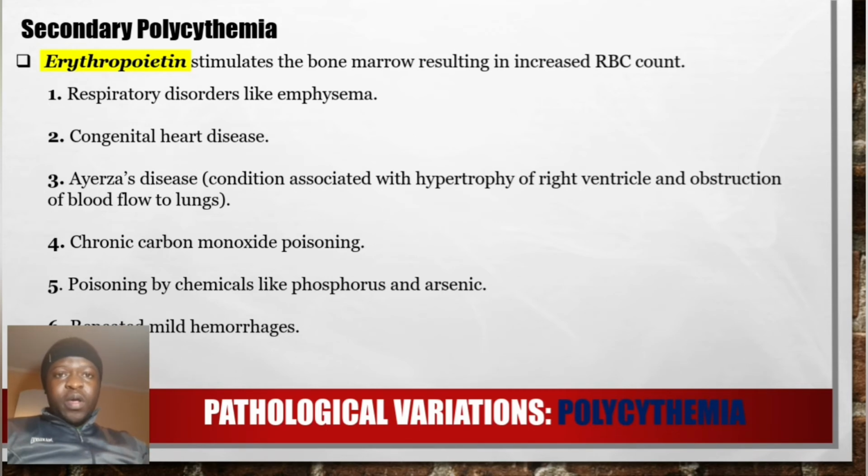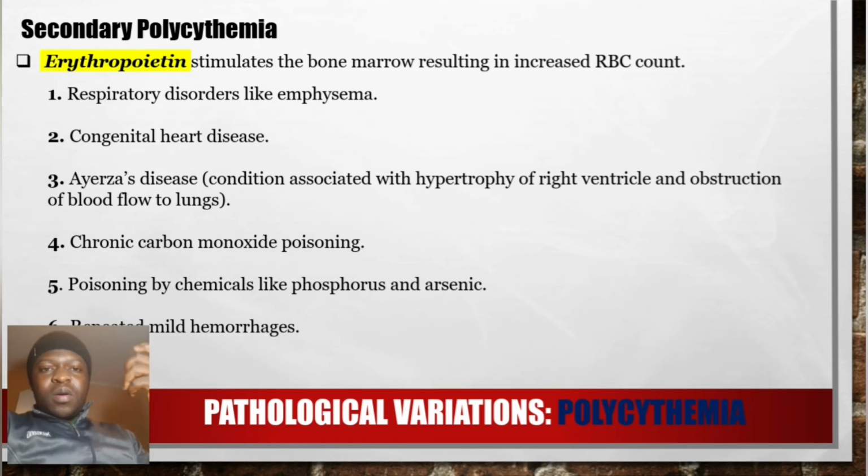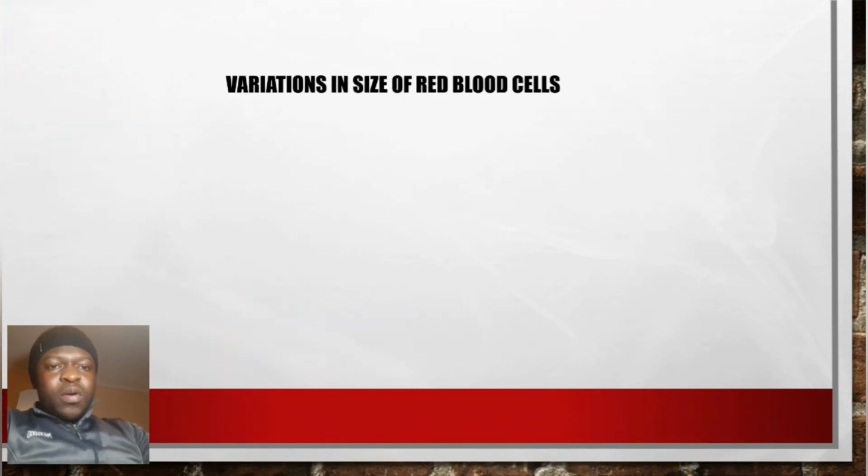So they will have increased erythrocytes as well, right? Because of this increase in erythrocytes, the blood viscosity will be increased, right? The blood will be thick, causing high blood pressure, right? It's another mechanism. We'll talk about it later, right?